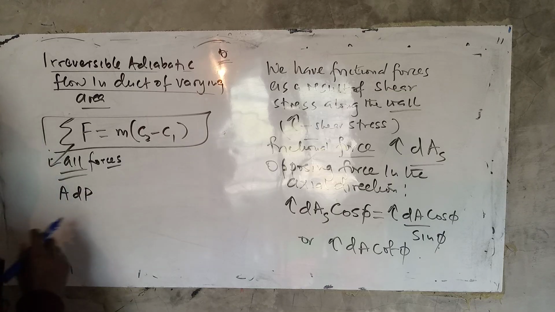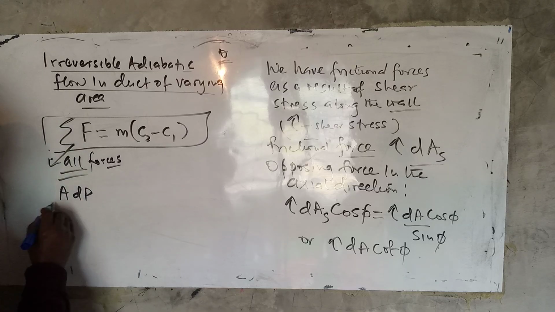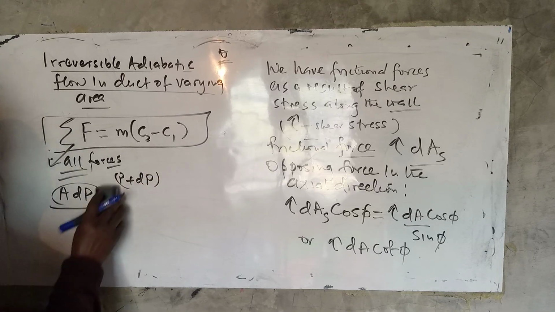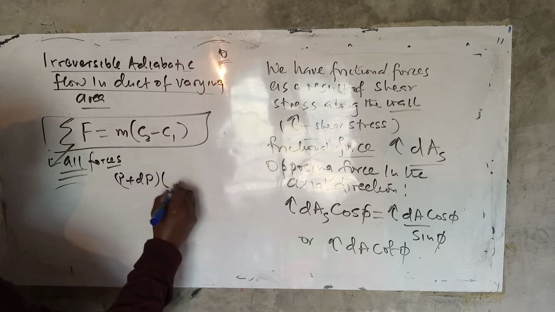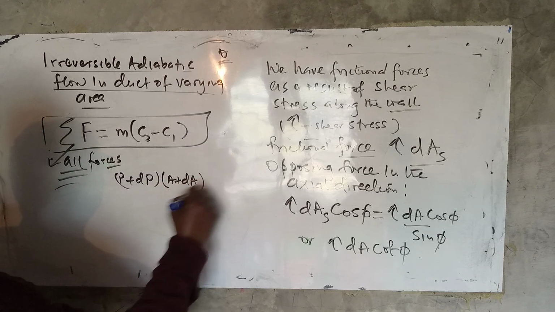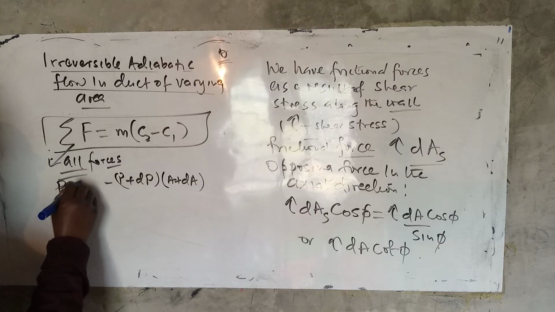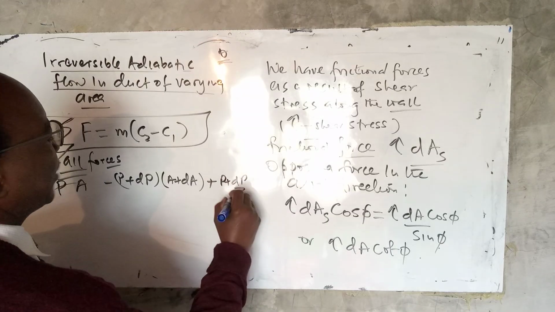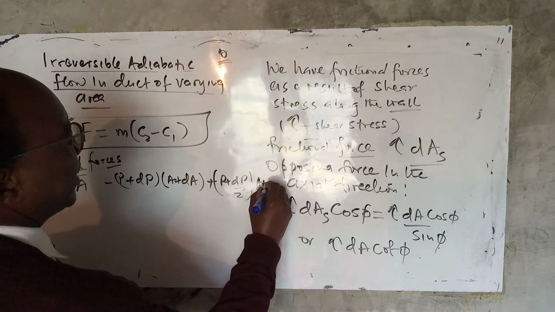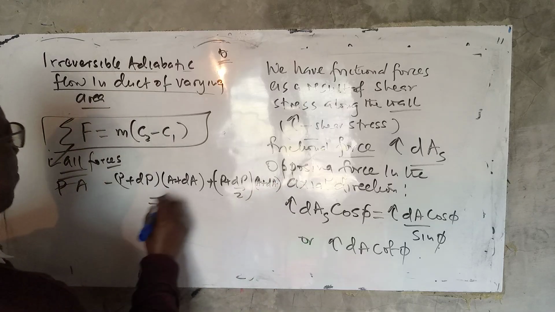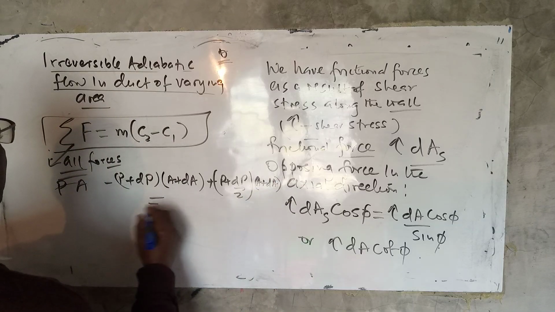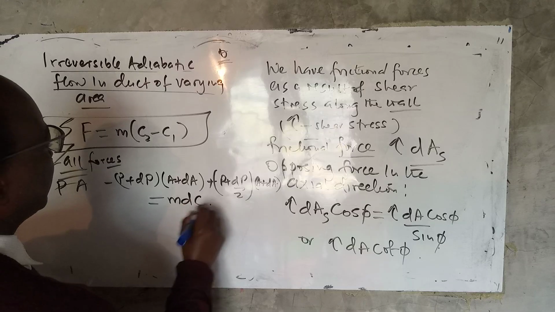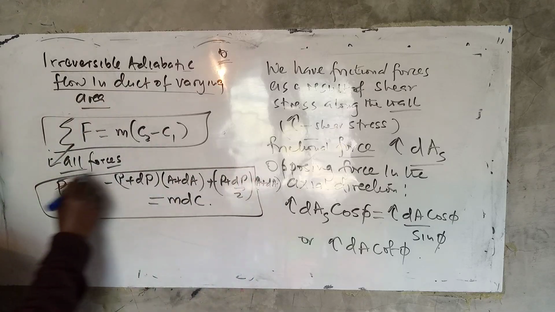If you remember, we had our A dP because these expressions here we got from (P plus dP)(A plus dA) minus P A, and of course we had that component which was (P plus dP over 2)(A plus dA), and that, remember, was equal to m dC. Remember that? That was the very first expression which we had.